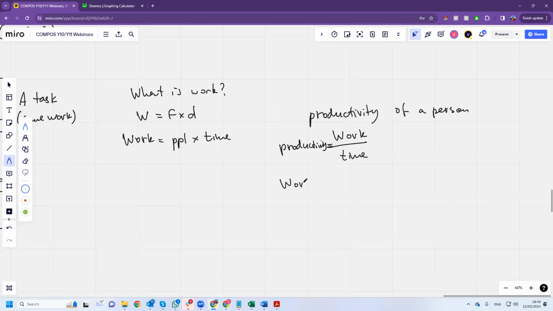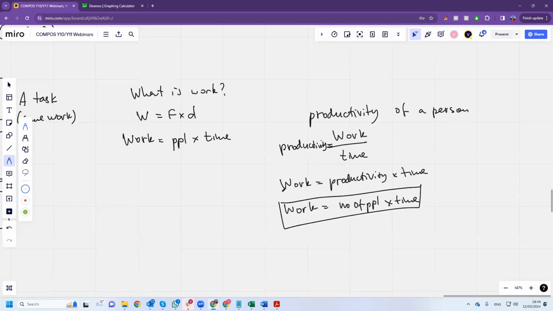So the work is productivity multiplied by time. So if we take the standard productivity of one person, we can replace the word productivity with person. So work is a number of people multiplied by time.